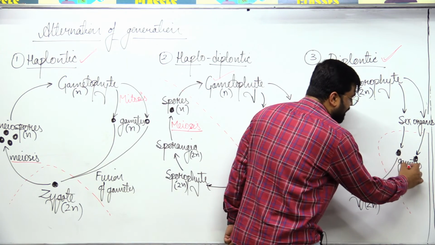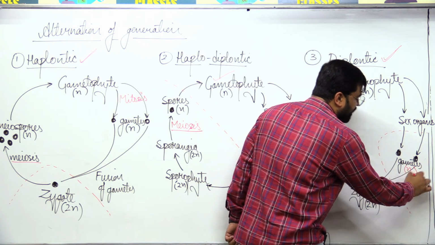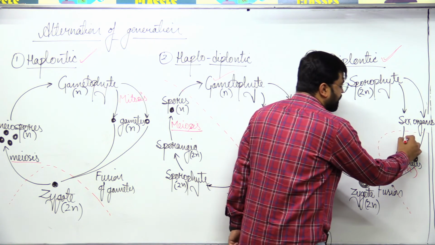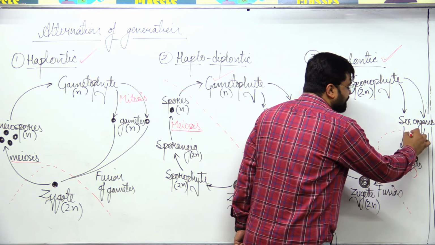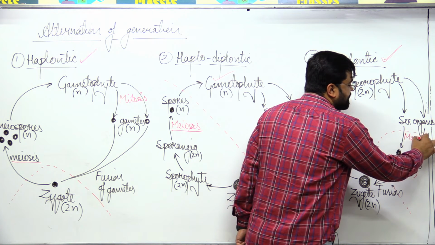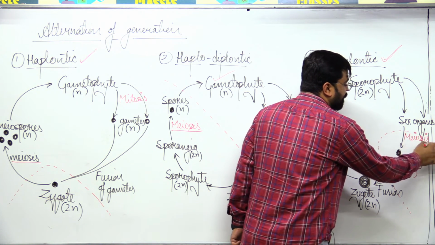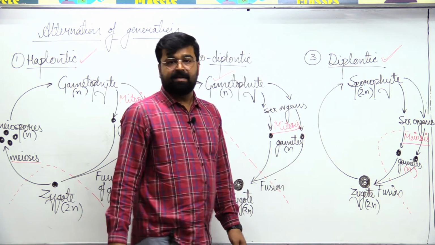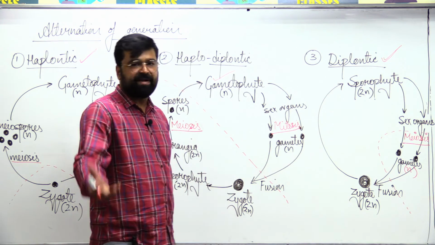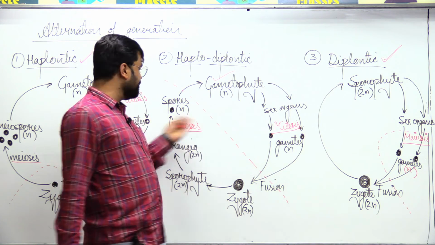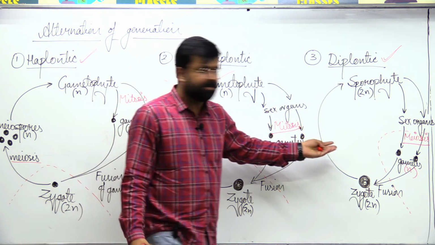These gametes will be haploid. And which division is taking place in sex organs? Meiosis. Meiosis is taking place in sex organs.